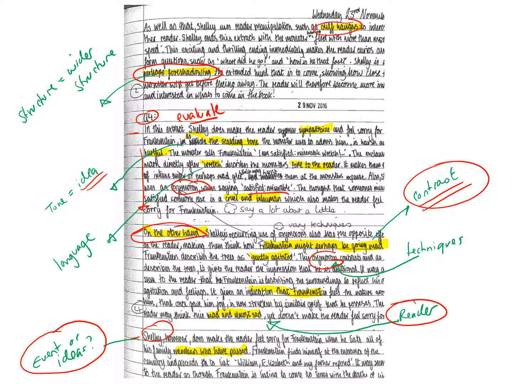The idea is that Victor Frankenstein mourns his family members who have passed by listing them. And it's a subtle distinction, but you want to really look at the events of the novel in terms of the ideas of them, or maybe how they impact, rather than just them as what physically happens.